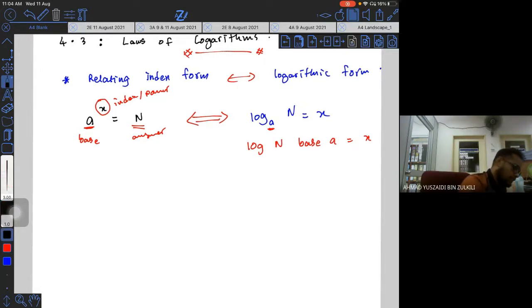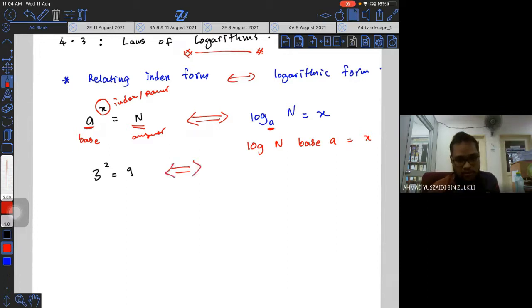Okay, now let's try. Okay, given 3 to the power of 2 equal to 9. So how to change it into log? Wait, do not respond yet. I'll call Haziq.